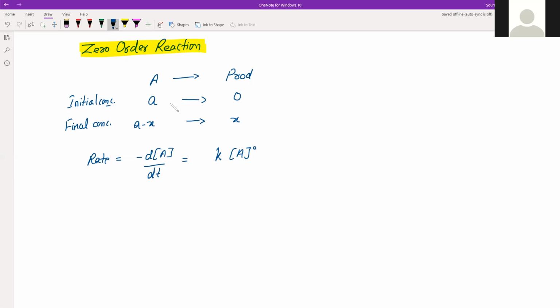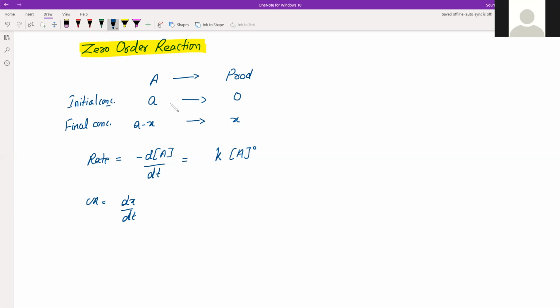Right? Now this is also equal to dx by dt. I can actually write it like that. This is dx by dt, because x is the appearance of product.